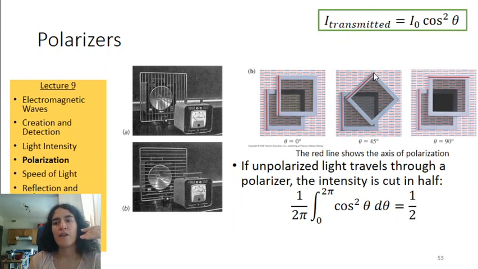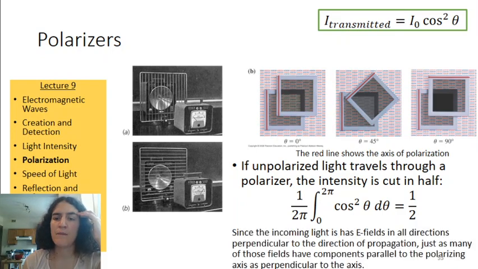Here the angle theta is 45 degrees, because the relative angle between these two red lines is 45 degrees. I still get some light to pass through, but it's probably less than the light here. Finally, one polarizer is vertical and the other is horizontal, so the angle theta is 90 degrees, but the cosine of 90 degrees is 0. And so no light is passing through this polarizing lens.